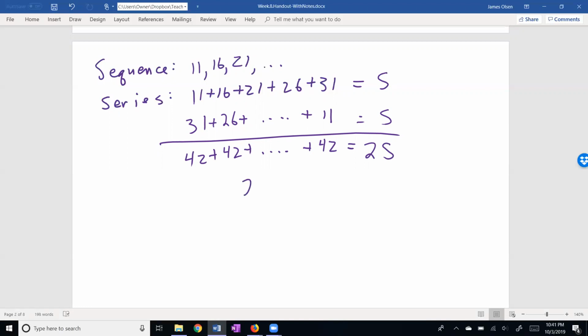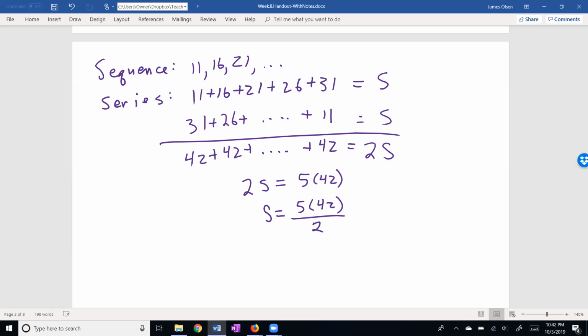So 2S is equal to 5 times 42, because I have 5 numbers in my series. And if I want S, I simply divide by 2, so we have 5 times 42 divided by 2.